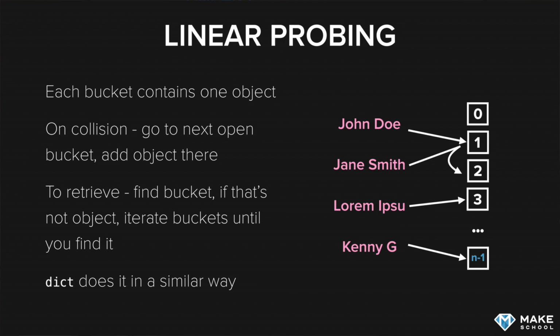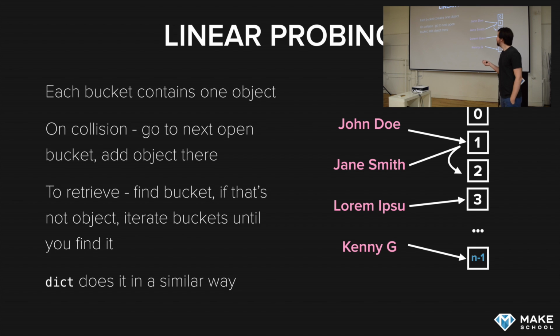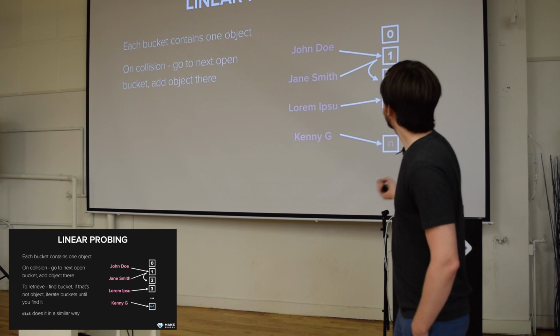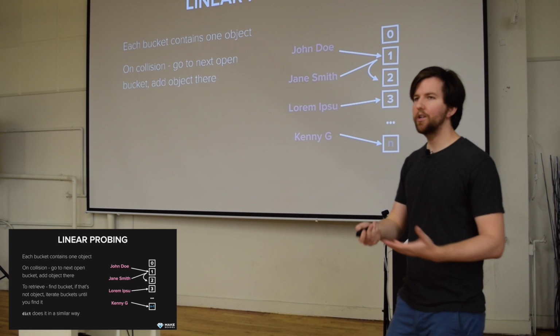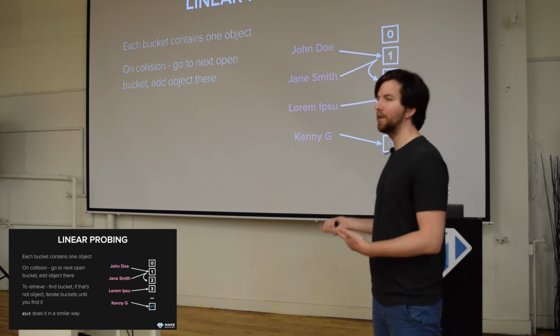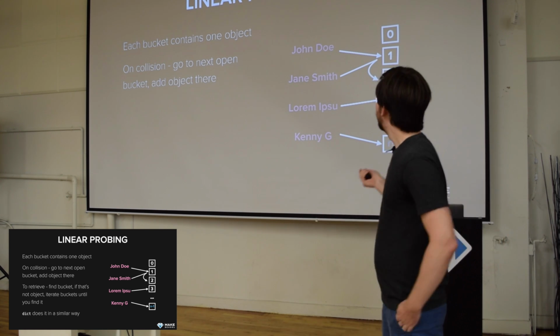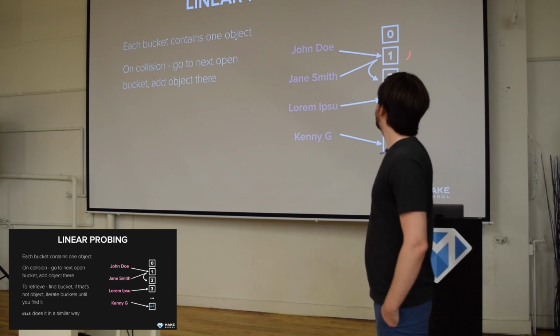So each bucket contains 1 object. If you get a collision, you go to the next open bucket and add the object there. So for example, in this case, John Doe mapped to bucket 1 because we took the hash, we did mod the number of buckets, and it happened to be 1. Then Jane Smith also happened to map to 1.